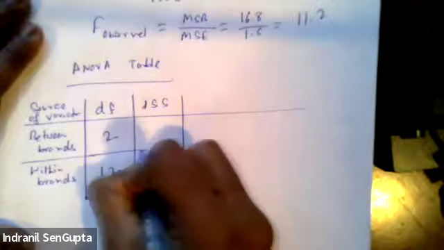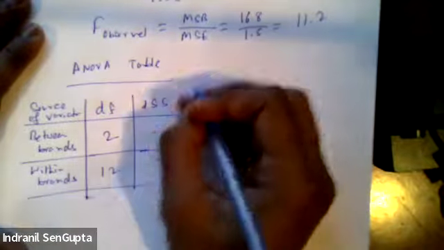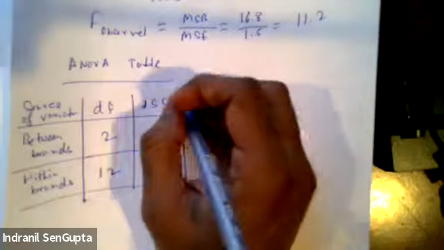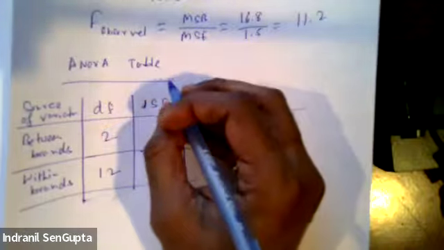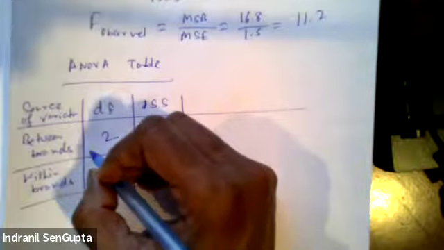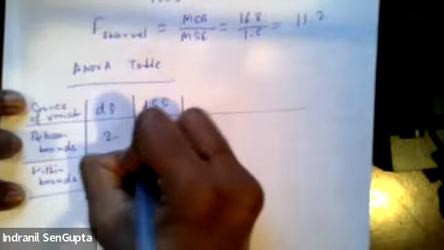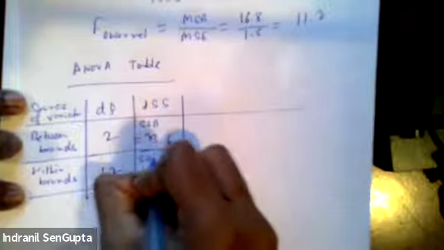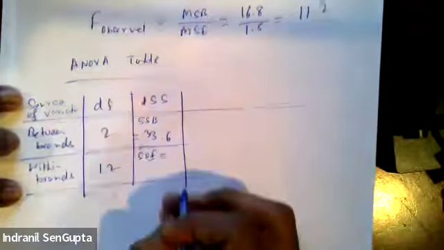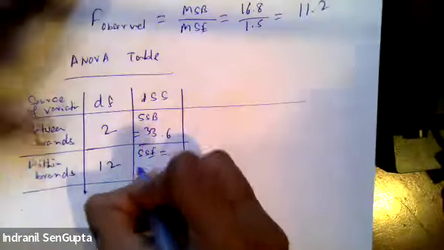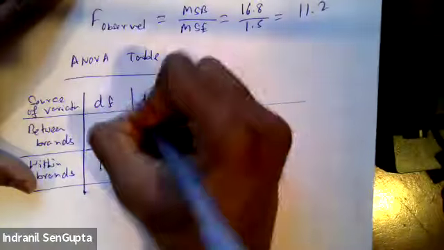Now we have SS that we computed. The first one is SSB, which we computed to be 33.6, and SSE, which we computed to be right here, 18.0.